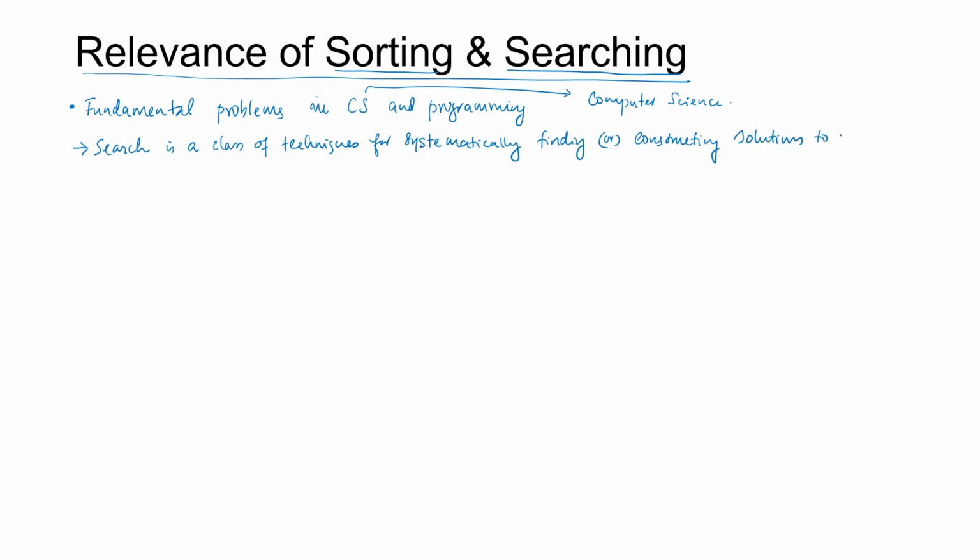So the key thing here is it is a class of techniques. Search is a class of techniques whose aim is to either systematically find or construct solutions to a problem. You are either looking for systematic finding or search, or systematic construction of a solution to a problem.